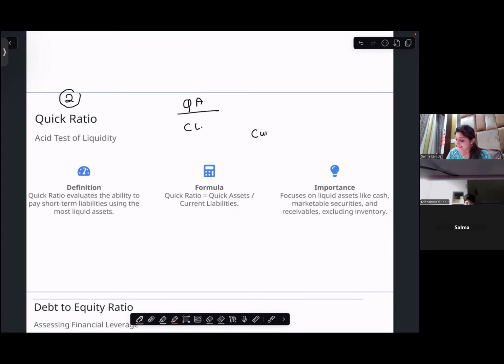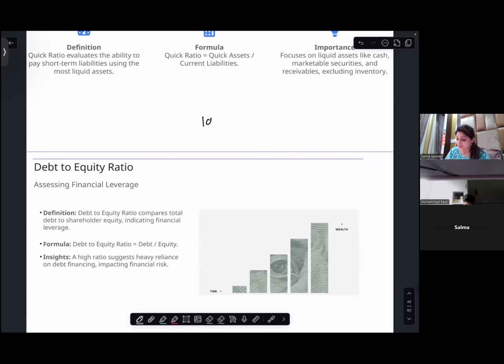This ratio is going to tell you the very short term solvency position of your company. Quick assets over current liabilities, where quick assets is current assets minus inventory. Your ideal quick ratio would be 1 is to 1.